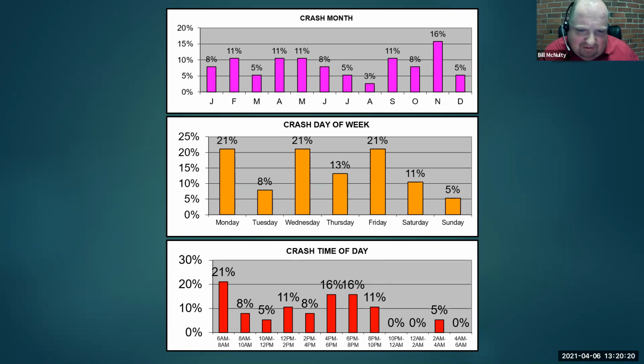Day of week, weekdays more than weekends, not surprising. Time of day, the early morning and the commute time, and also when people would be going to that school, is when crashes are a little more likely to happen than other times of day. Most of the crashes do happen during daylight hours, not a lot in the overnight, a few in the evening.